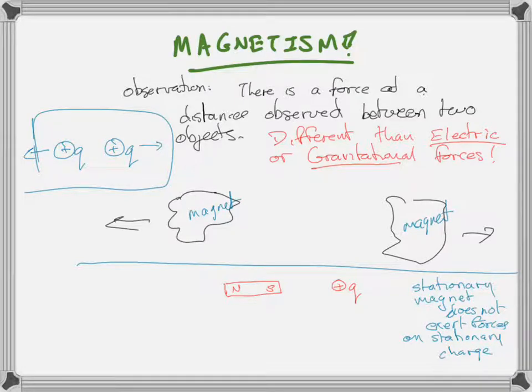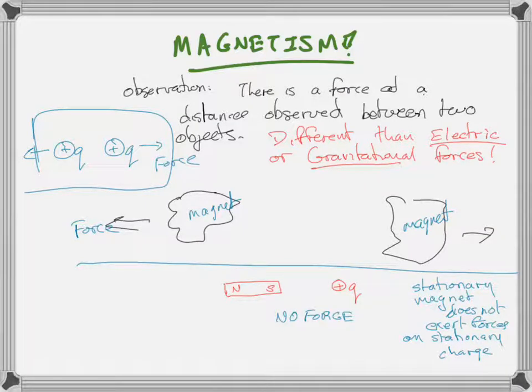Then you bring a magnet in the vicinity of a charge, and we find that a stationary magnet does not exert a force on a stationary charge. So a stationary charge exerts a force on a stationary charge. A stationary magnet exerts a force on a stationary magnet, but a stationary magnet does not exert a force on a stationary charge.